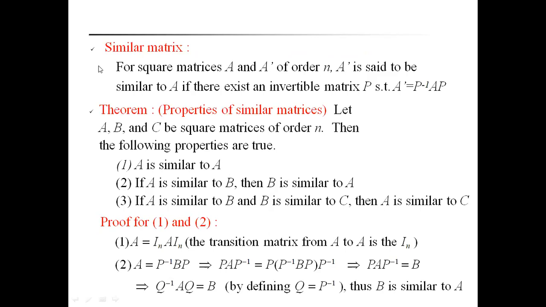Now one more topic we will discuss: similar matrices. Definition: for square matrices A and A dash of order n, A dash is said to be similar to A if there exists an invertible matrix P such that A dash is equal to P inverse AP.